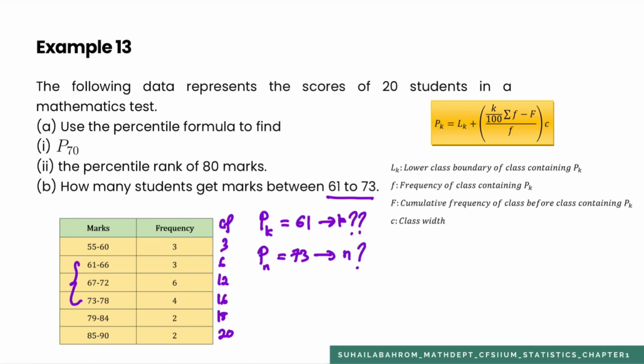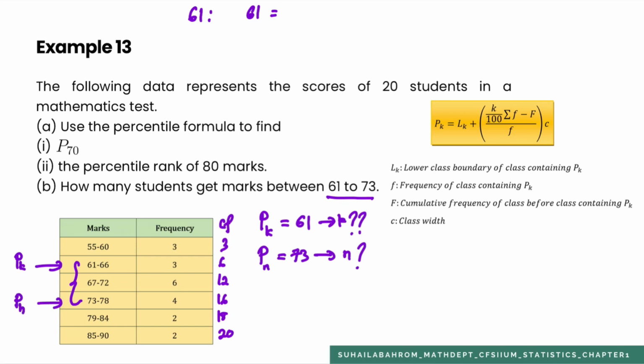Okay, so let's calculate one by one. I will calculate for the marks of 61 first. So 61 is equivalent to, this is our PK and this one is our PN.